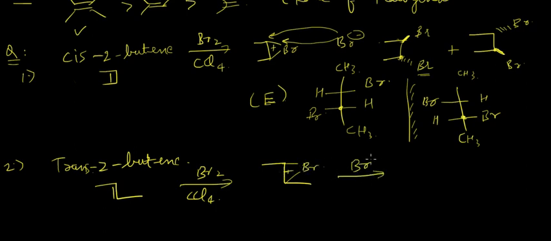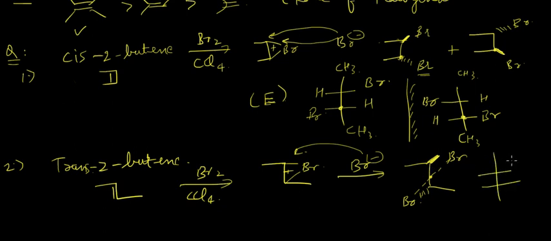Now if Br minus attacks on the top of the plane, we will be getting something like this, in which Br comes here, this comes here, and this Br goes down. So can you see a plane of symmetry and two chiral centers here? So it would be a meso compound.